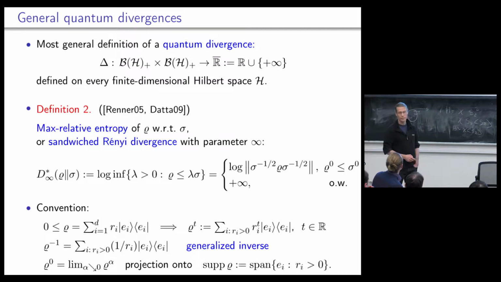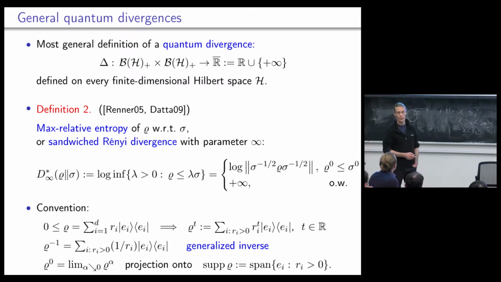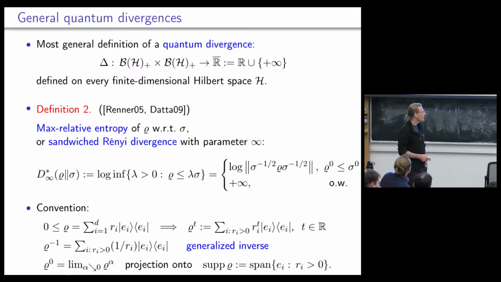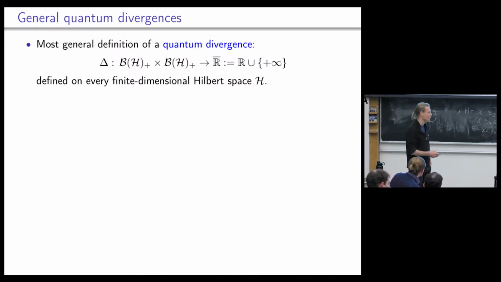Yeah, it's here. So what is that norm? Sorry, yeah, you were right. This is the operator norm, just the largest eigenvalue. Okay? Yeah, thanks for the question. It's important. But it's not going to appear again in the talk.